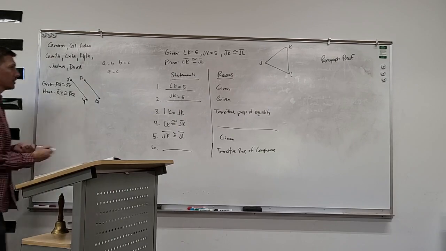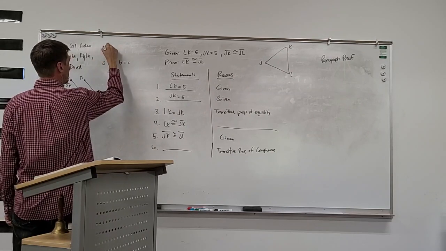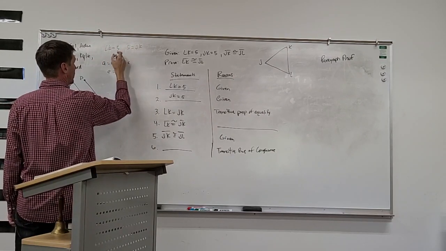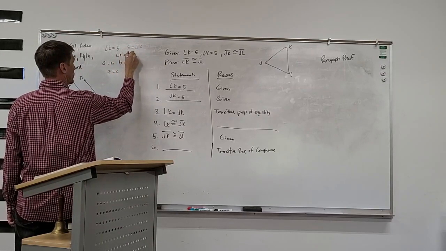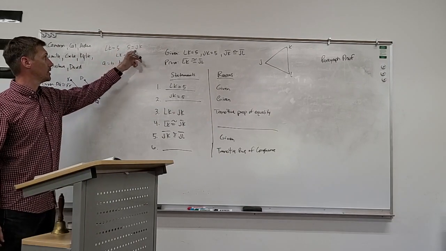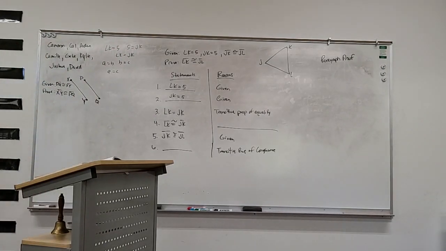Let me write it like this. LK equals 5, 5 equals JK, LK equals JK. Do you guys see that? If LK is equal to 5, and 5 is equal to JK, then I can say these two are equal to one another. That's why they use the transitive property for that.